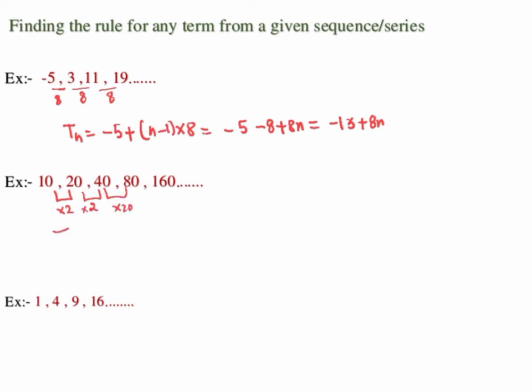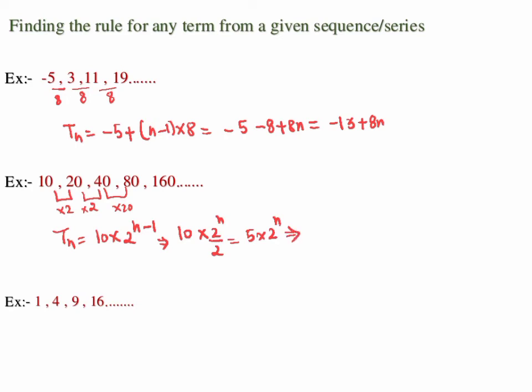So Tn equals the first term, 10, into 2 to the power n minus 1. So basically it will be 10 into 2 to the power n upon 2. So we'll get 5 into 2 to the power n.